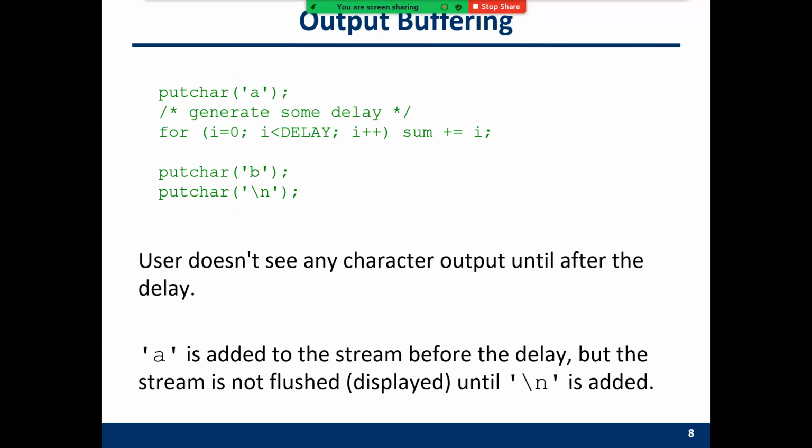And here is another example for the output buffer. First, we display a character A, and then we do some other operation. And then we display B, and then the newline.